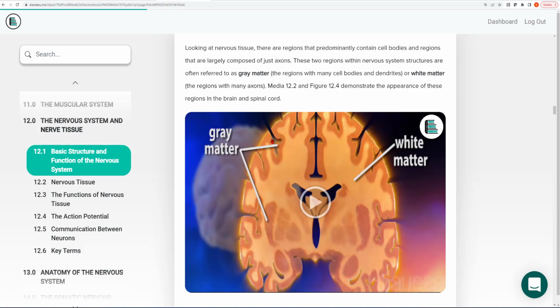That is gray matter. It really does have sort of an elephant gray color to it in actual brain tissue. I'll show you a picture of that in a few minutes. And gray matter is where in the brain you have a higher percentage of cell bodies and of dendrites.